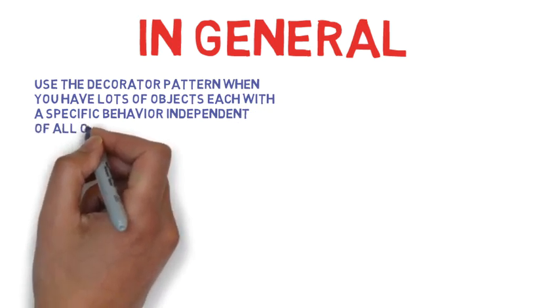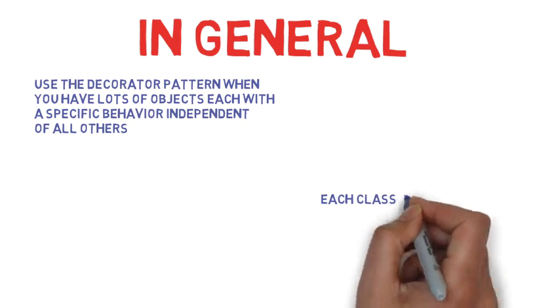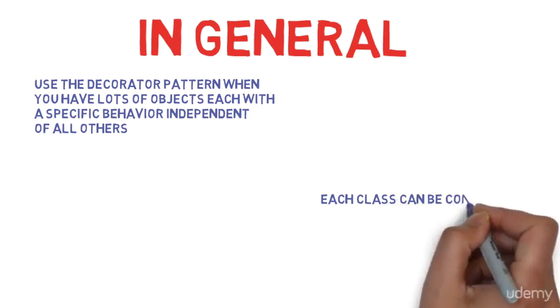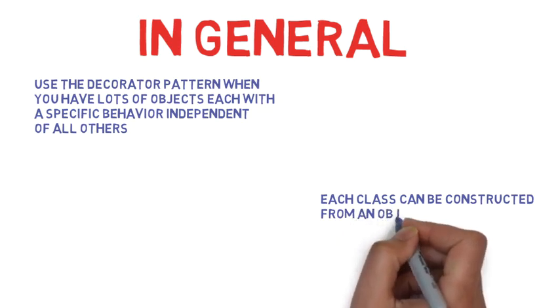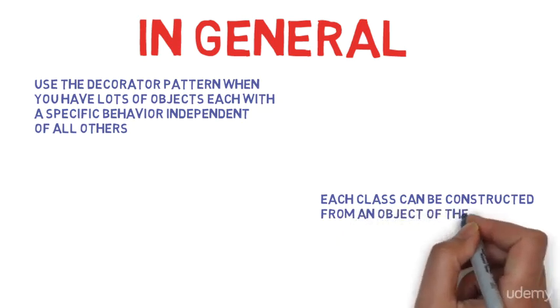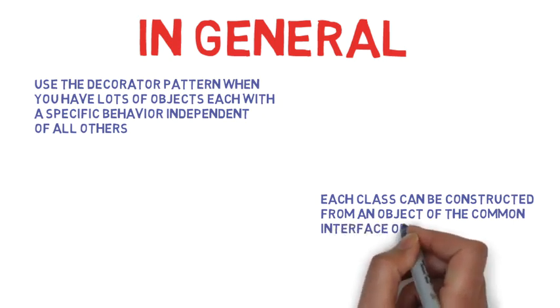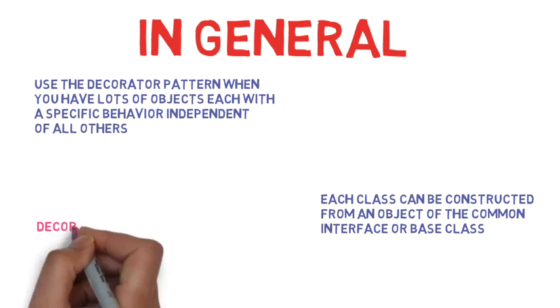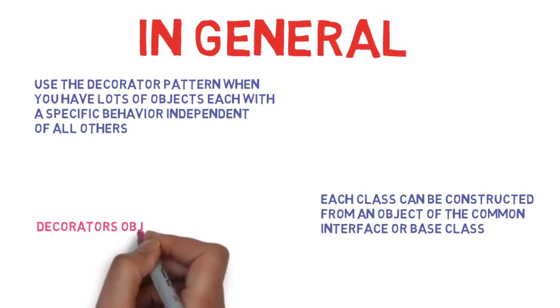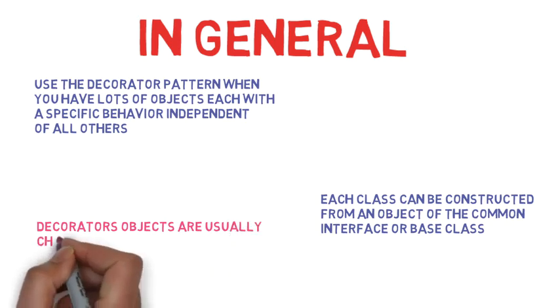Each class in the decorator pattern can be constructed from an object of the common interface or the base class. So you have one class which belongs to the common interface or the base class. You pass that into another and you can create the second. You pass the second into the third to create the third. You pass the third into the fourth to create the fourth, so on and so forth.